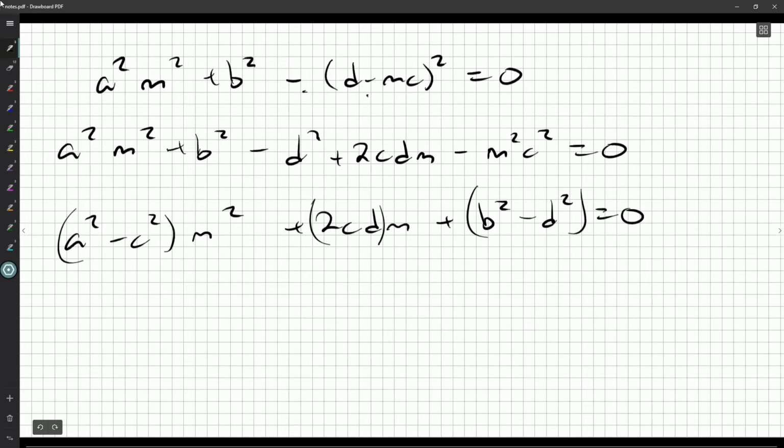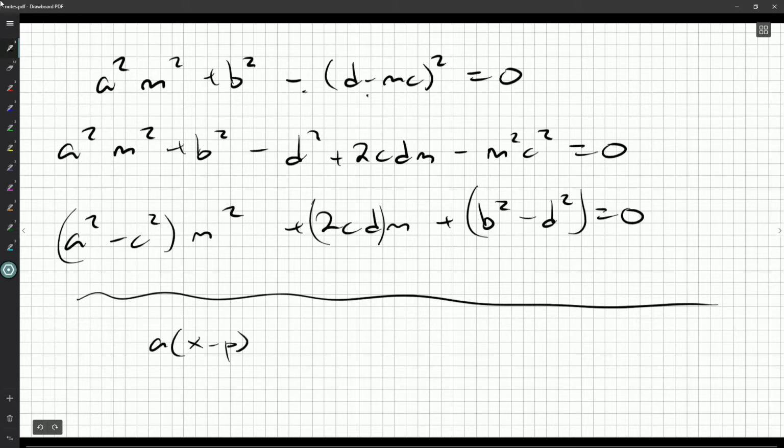All right, well, you might recall from looking at the factored form of a quadratic, I think we did this in another question as well, you can find the roots by looking at your coefficients.